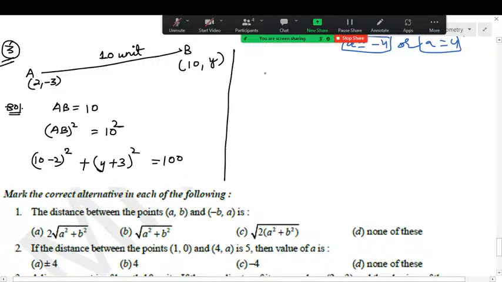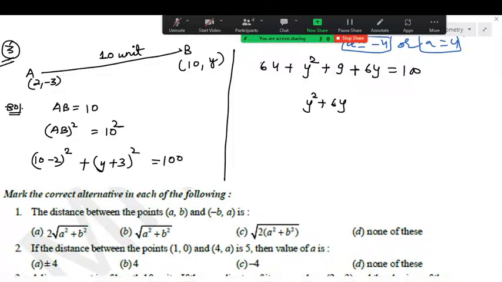And so that is going to be 8 square plus, opening this, y square plus 9 plus 2 into 3 into y, that is 6y, equal to 100. And here we got a quadratic equation, and 73 minus 100 if you are doing, it's going to be minus 27, isn't it?